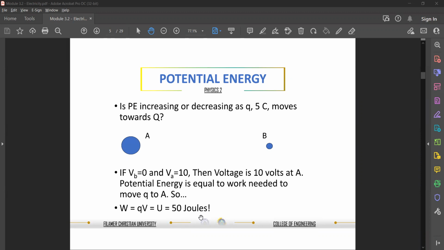This is the work required to move the charge from B to A.